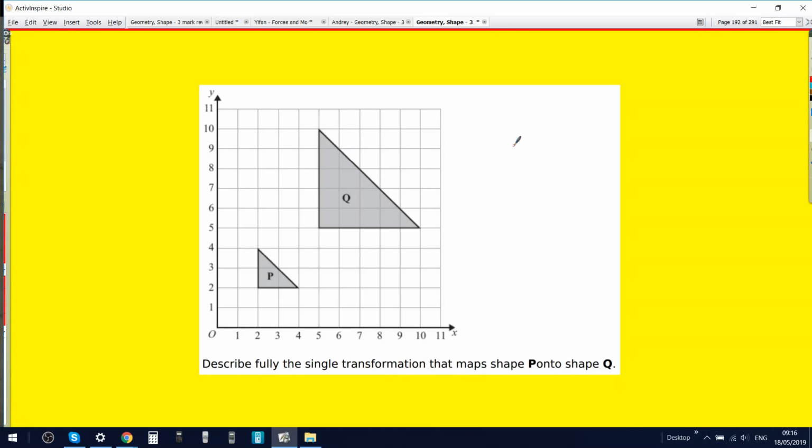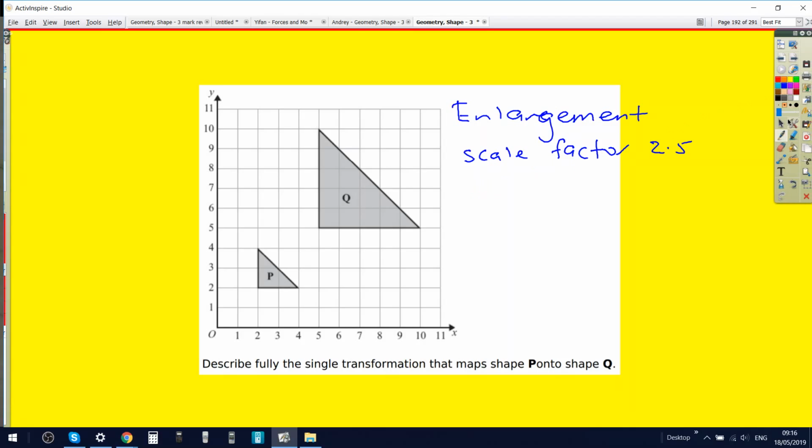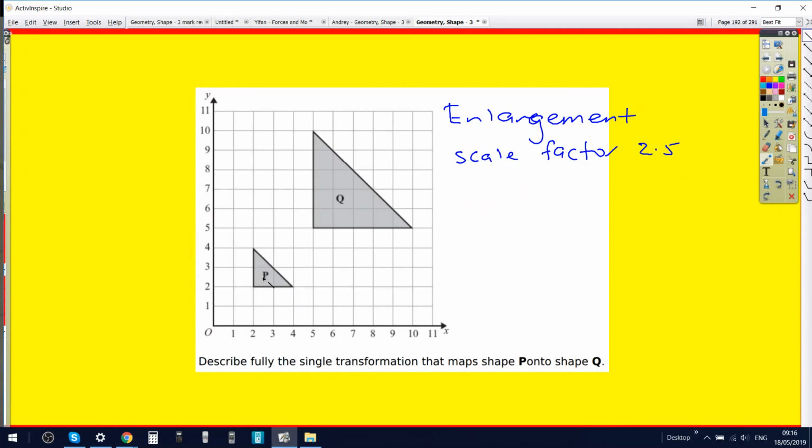Okay, this one. Seems like another enlargement. And here, say it's 2 to 3. Is the scale factor 2.5? Yep. And then do you need to draw those long lines?